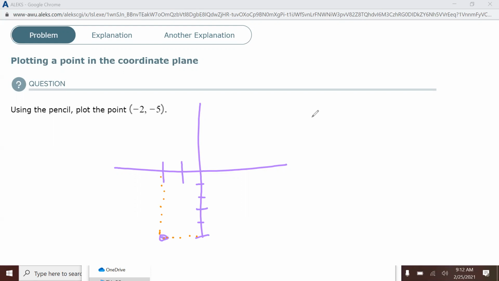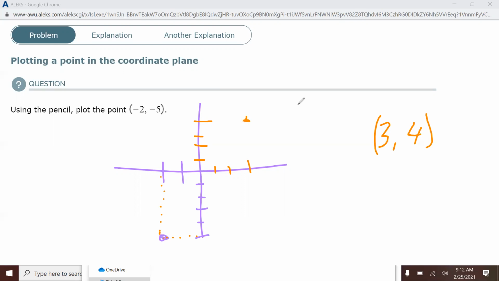What if we had something like 3, 4? Then that would be 3 units to the right, 3 units in the x direction, and 4 units up. And then that point there would be the answer.